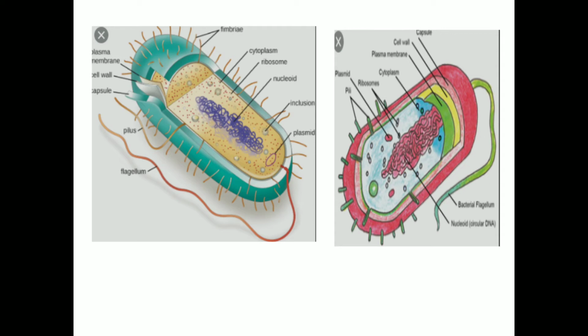So friends, in the structure of bacterial cell, it consists of the outermost protective layer, that is the slime layer, or if it is thick we can call it a capsule structure. Then it is followed by the cell wall. Cell wall is made up of peptidoglycan or murein in bacterial cell.